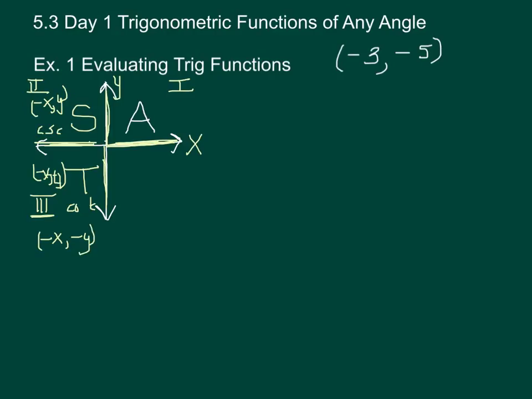And in quadrant 4, this is C for cosine and secant. And in this quadrant, only the y is negative. So the acronym we use is A Smart Trig Class.